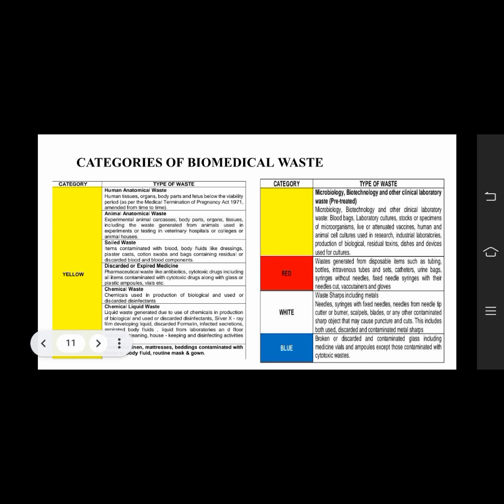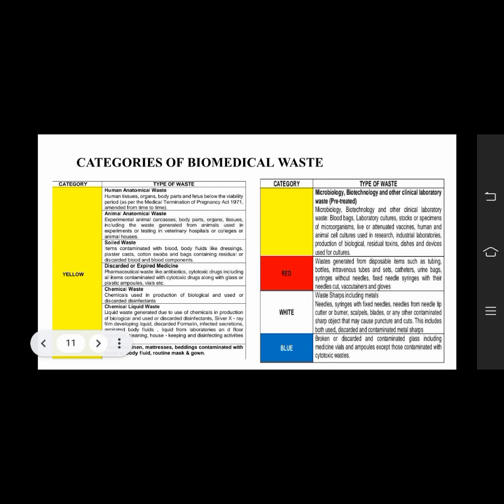So after that, we have the categories of biomedical waste. As I've talked about in the previous slides, there are yellow, red, white, and blue categories, right?